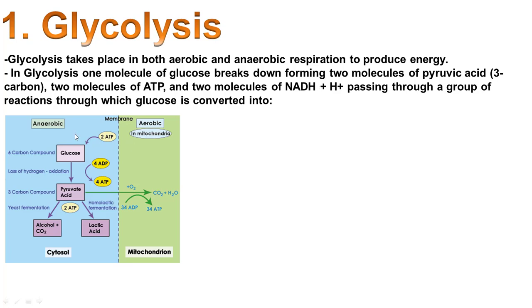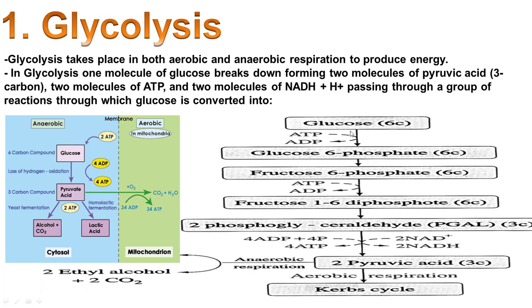Please look carefully here. Start with glucose, 6 carbon, which changes into glucose 6 phosphate, meaning the 6 carbon glucose binds with one phosphate group. So we need one phosphate, which changes from ATP to ADP.